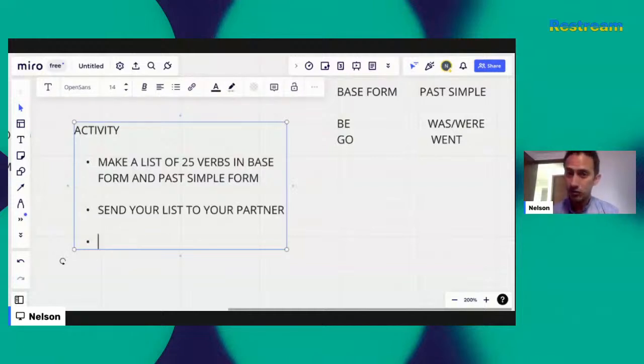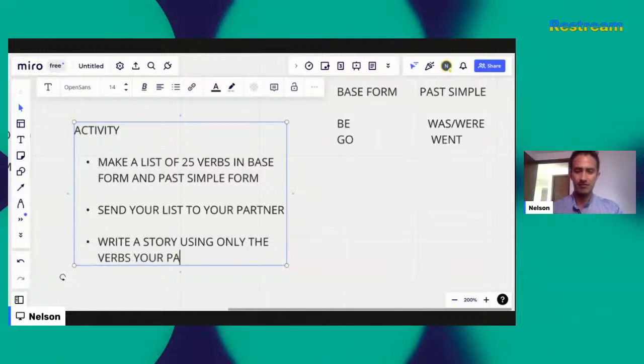So what I want you to do with the list is write a story. Yes, write a story using only the verbs that your partner gave you.